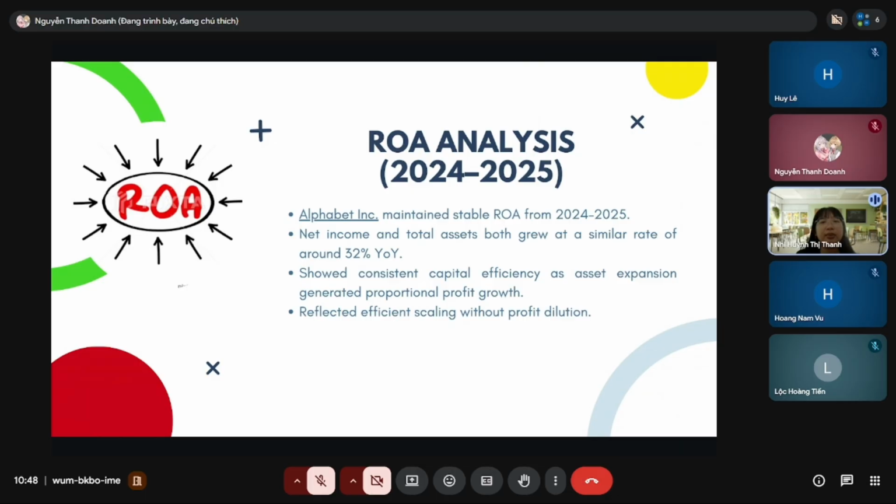This is an important sign of sustainable growth. It shows that as Alphabet continues investing in AI infrastructure and data centers, the company was still able to maintain strong capital efficiency without reducing profitability. Overall, this reflects efficient scaling and strong long-term financial management.